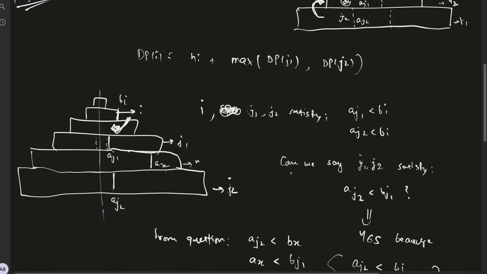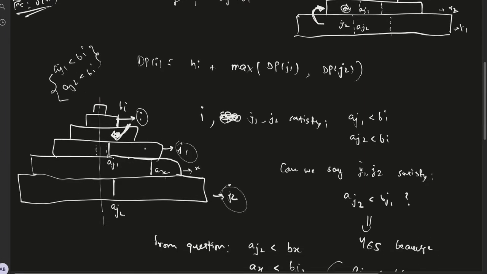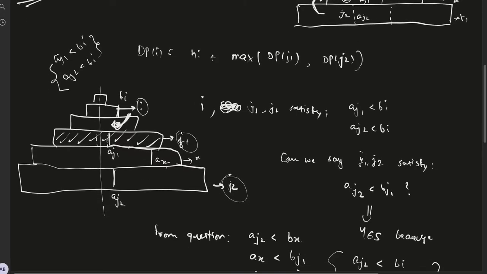Let's suppose J1 and J2 satisfy this condition, that is AJ1 is less than BI and AJ2 is less than BI. If J1 and J2 both satisfy this condition, my claim is that it is sufficient to just consider J1 instead of considering the max of J1 and J2. The reason being DP of J1 itself consists of the contribution of J2.